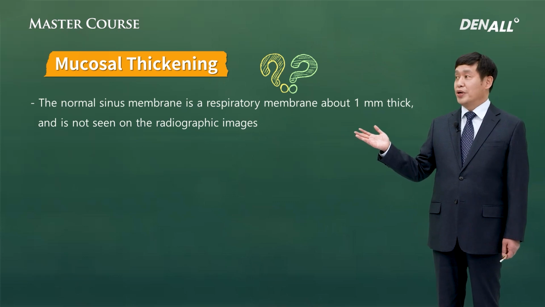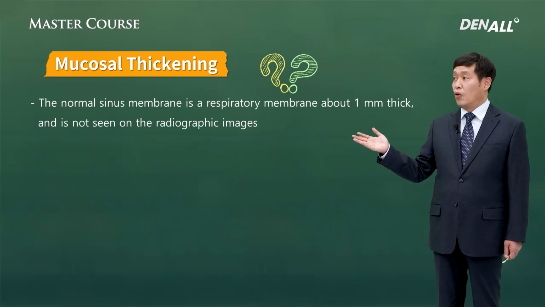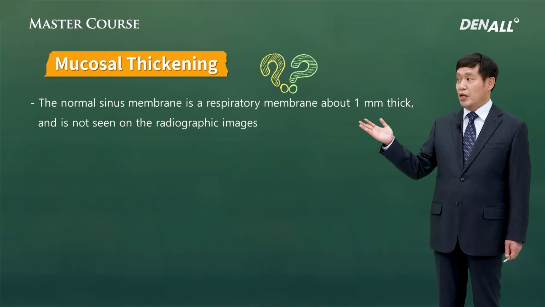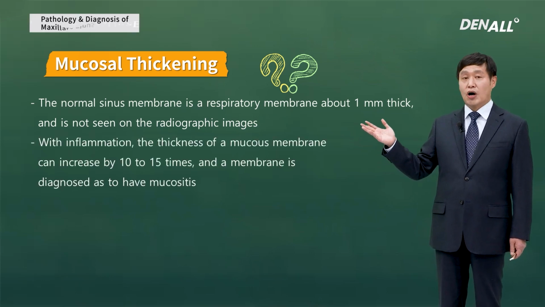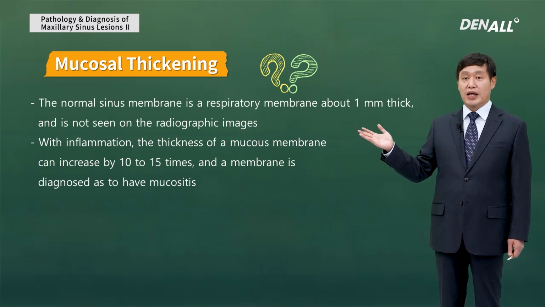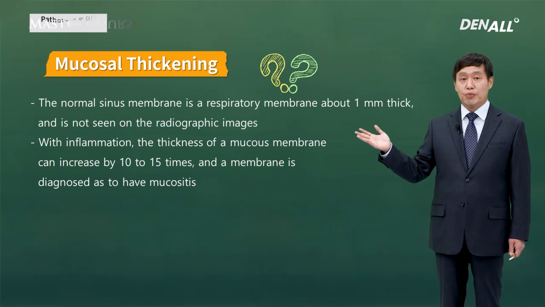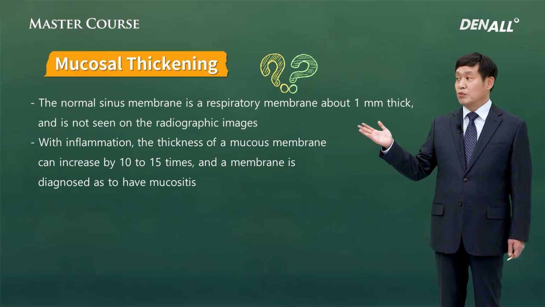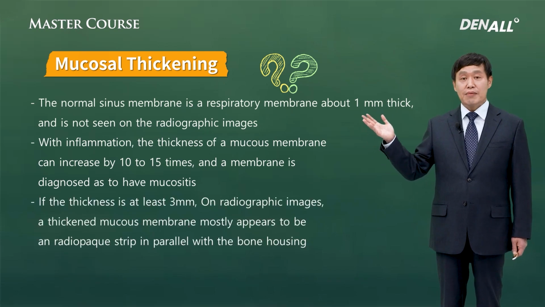Healthy sinus membrane is a respiratory membrane which is about 1 millimeter thick and is not seen on the radiographic images. However, with inflammation, the thickness of mucous membrane can increase by 10 to 15 folds, and if the membrane thickness increases, it can have inflammation below, and it can be diagnosed as mucositis.